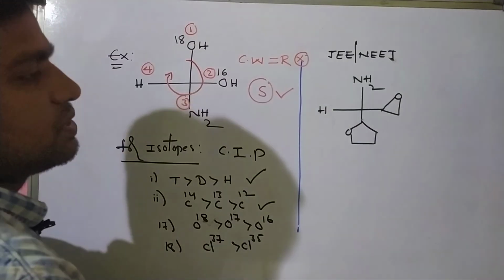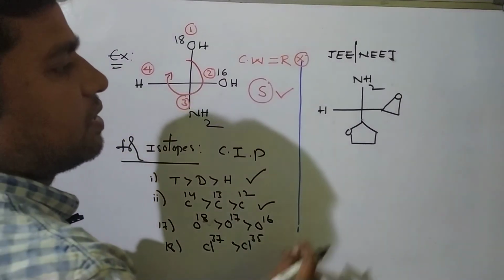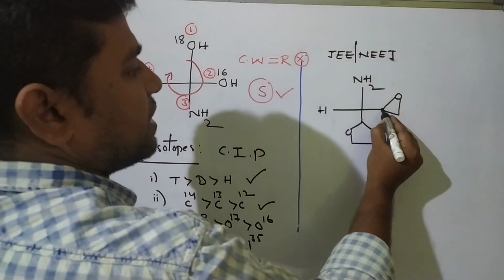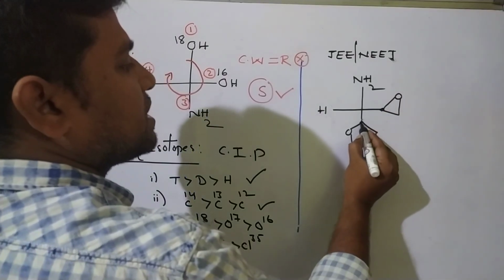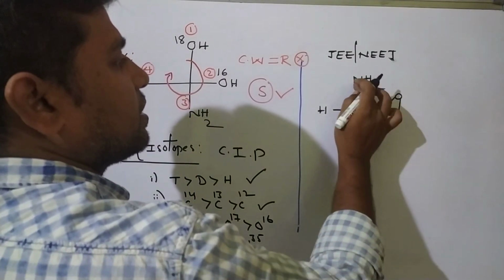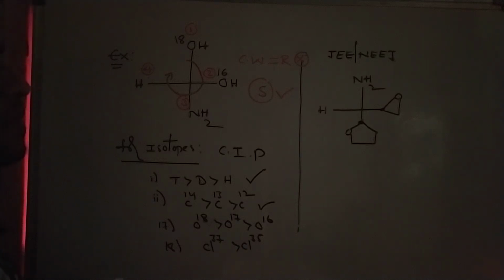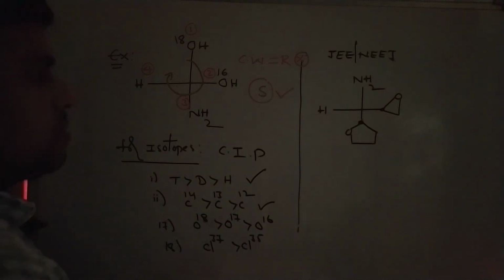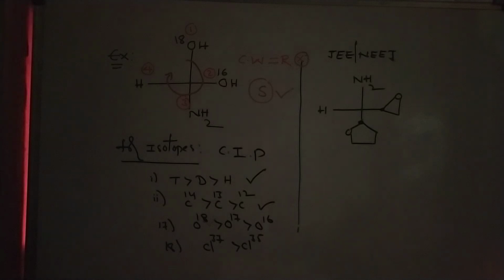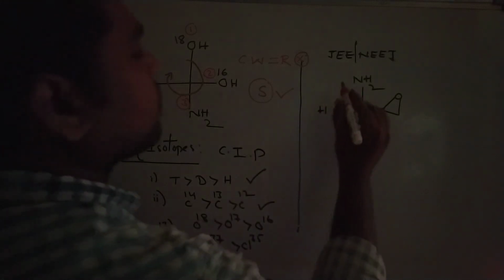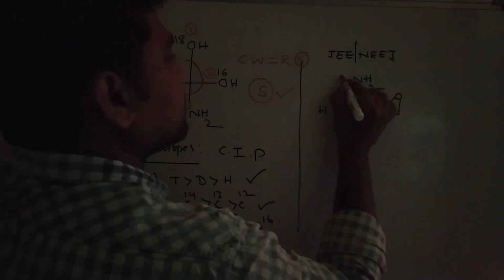Okay, students. Here this is a carbon atom. This is a carbon atom. This is nitrogen. Okay, this is first priority.